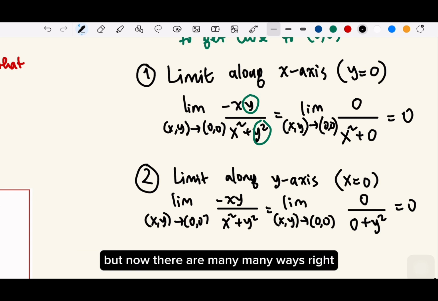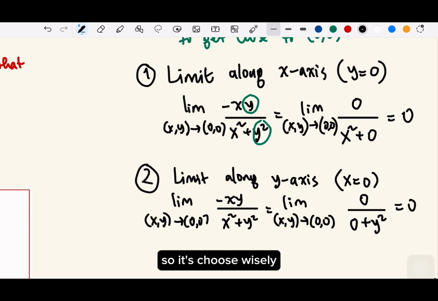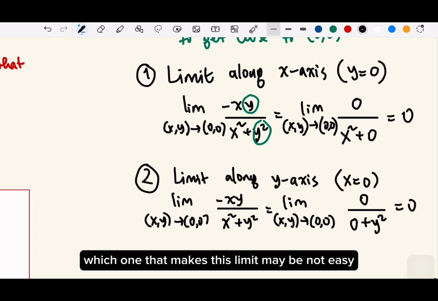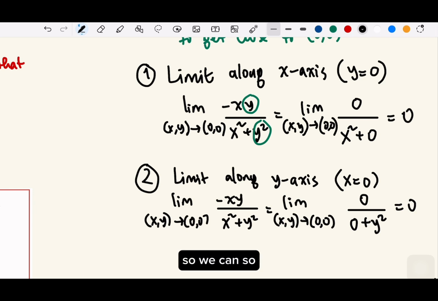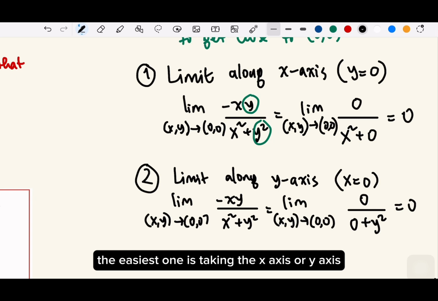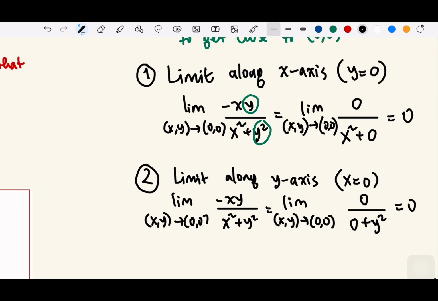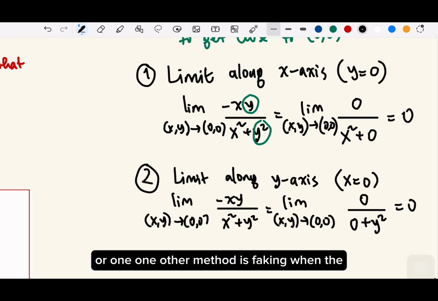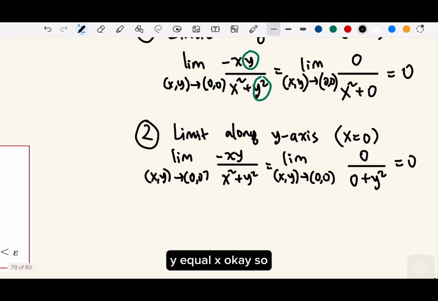But now there are many ways, right? So we need to choose wisely which one makes this limit maybe not exist. So the easiest one is taking the x-axis or y-axis, or one other method is taking when y equals x, okay?